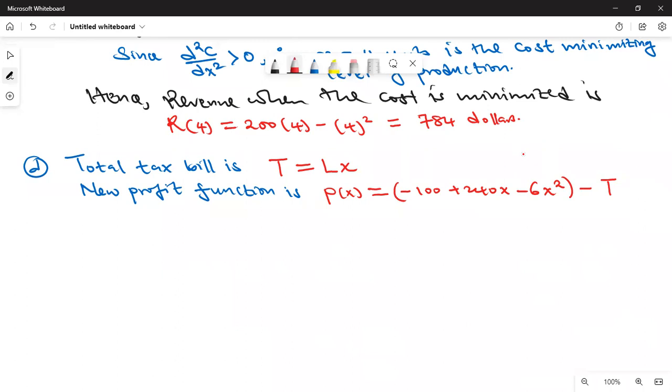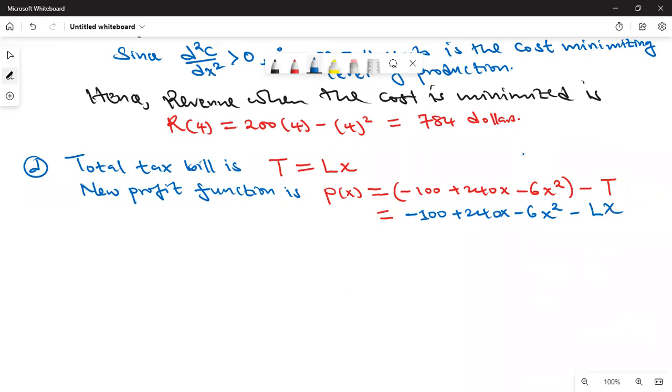And because I know T is equal to Lx, this you can now write as negative 100 plus 240x minus 6x squared minus Lx.